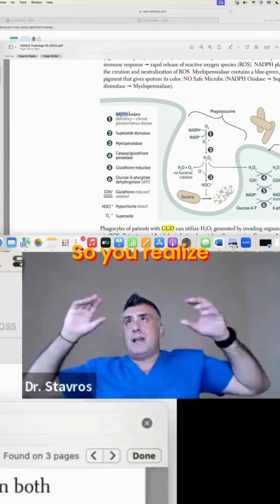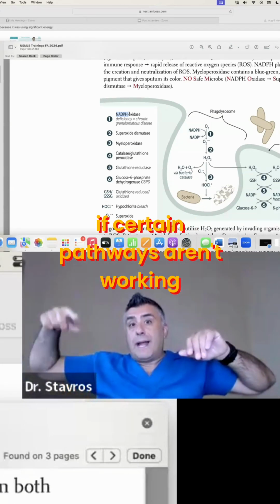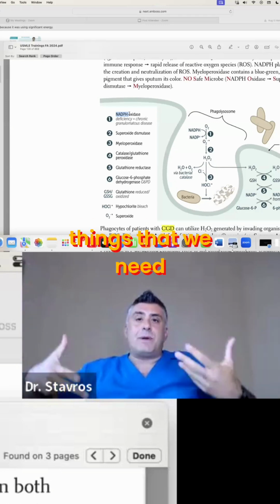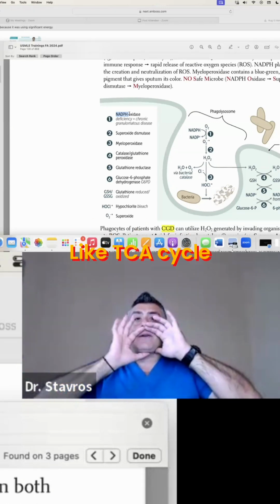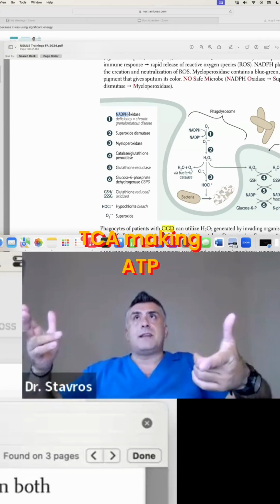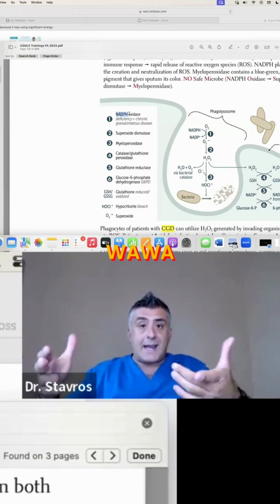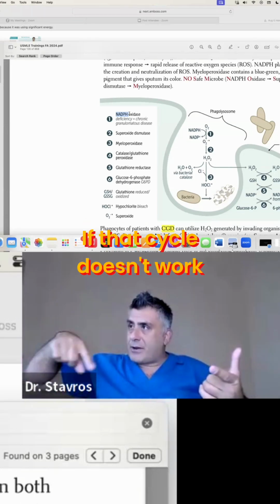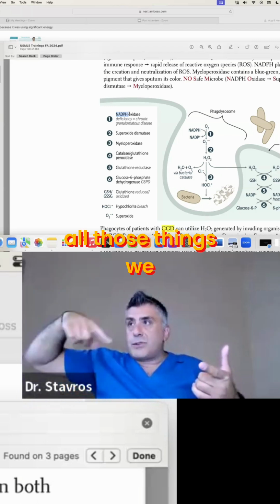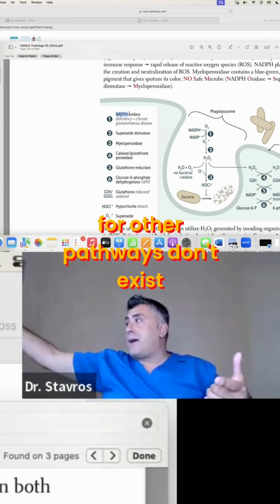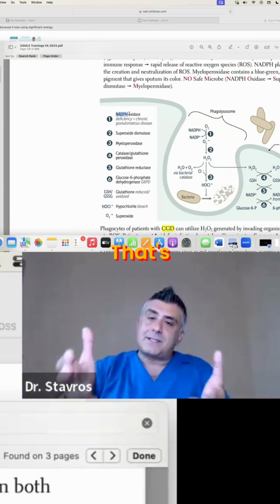So you realize if certain pathways aren't working, they're not making certain things that we need, like the TCA cycle. Think about the Krebs cycle, TCA. We're making ATP, GTP, FADH2, NADH. If that cycle doesn't work, all those things we make that we use for other pathways don't exist. That's a problem.